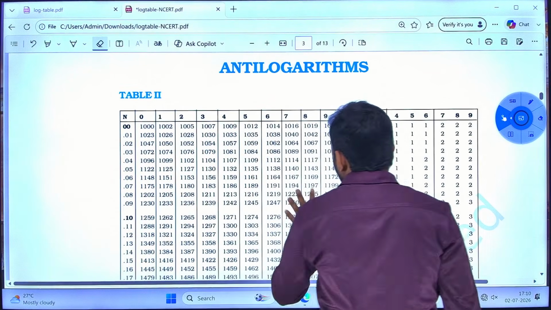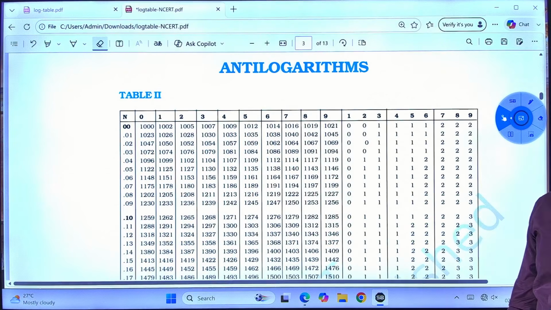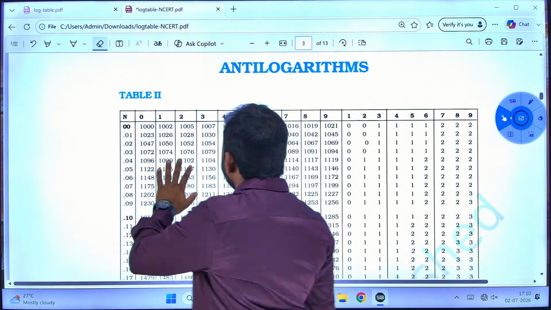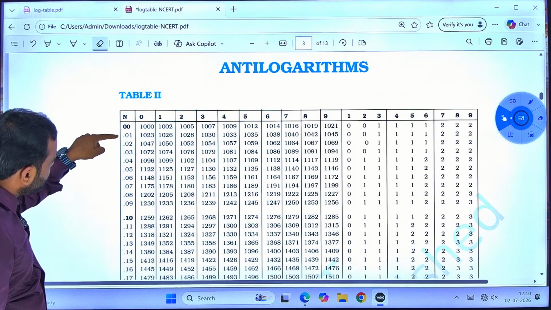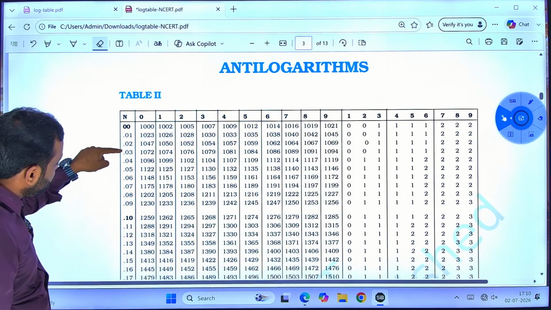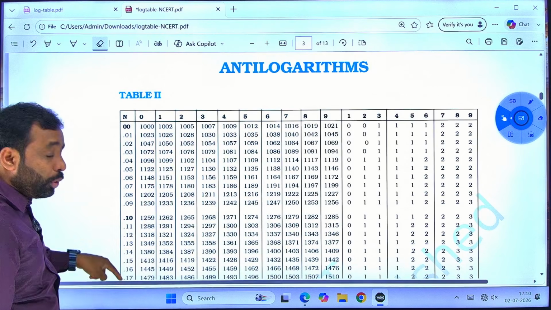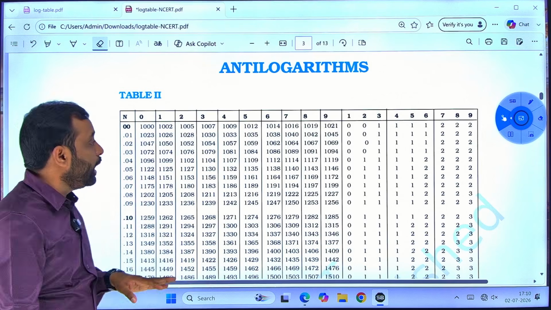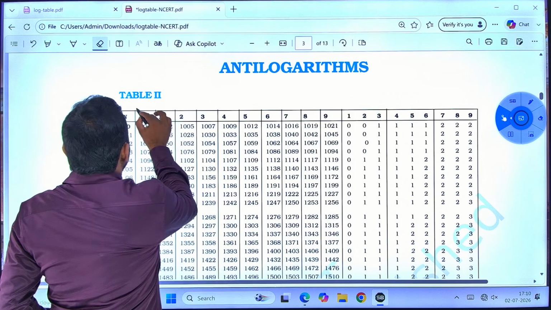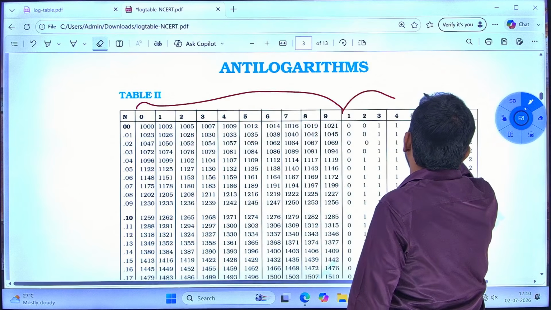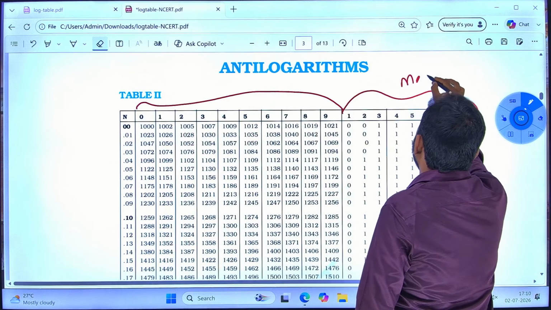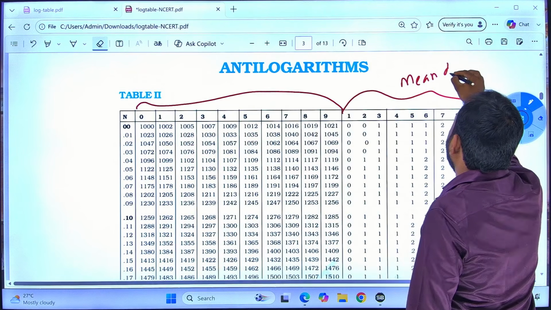How to find the anti-log value of 0.3010? Same thing as the log table. It starts from 0.01, 0.02, 0.03 up to 0.99. A main column will be there, and this is the mean difference, as I told you earlier.